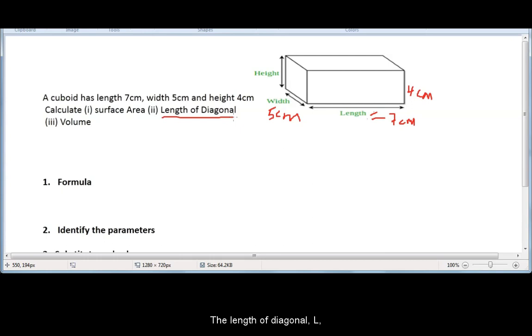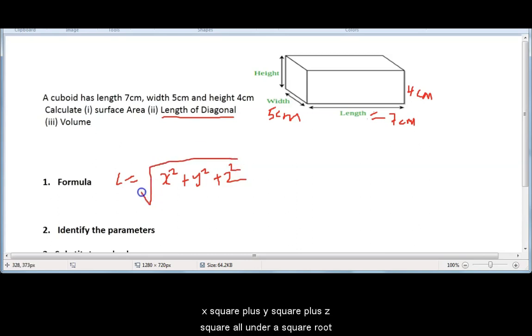The length of diagonal L is given by the formula square root of x squared plus y squared plus z squared.